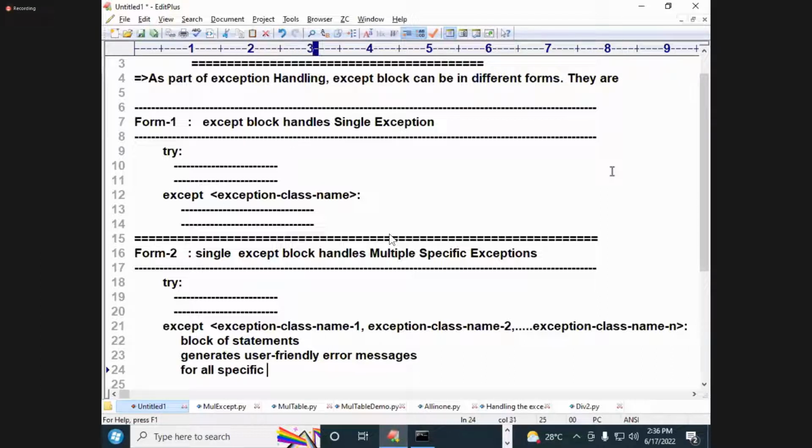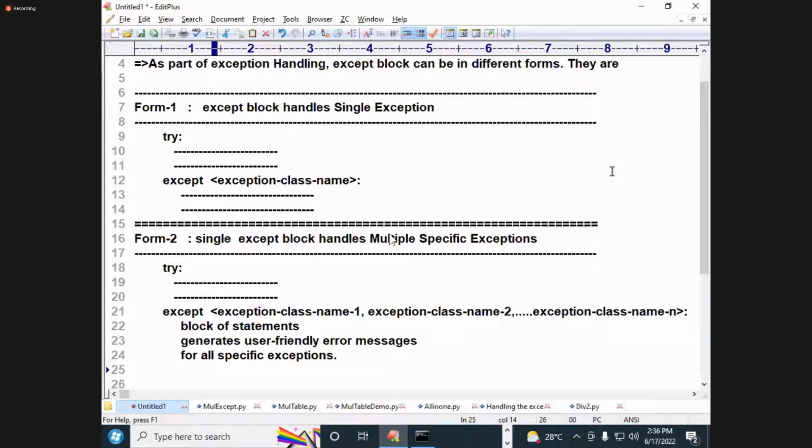I hope you are following me. Try block. Except exception class name 1, exception class name 2, and so on, exception class name n. The block of statements generates user-friendly error messages for all specific exceptions.